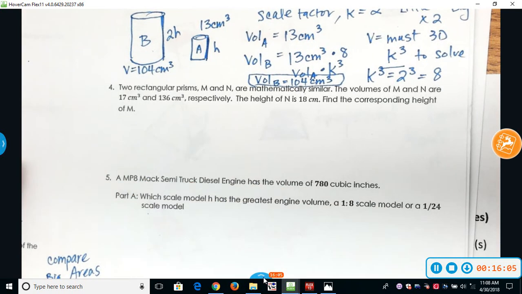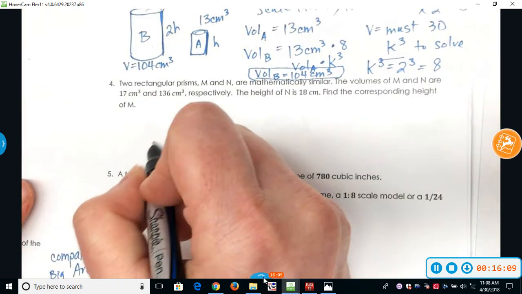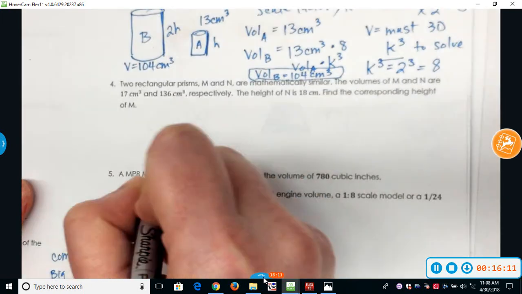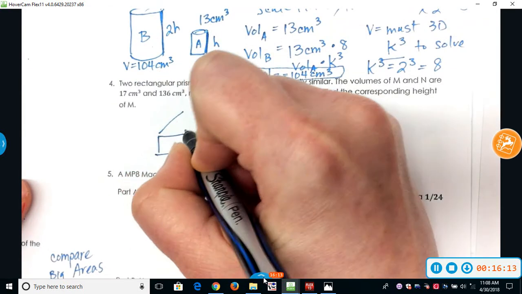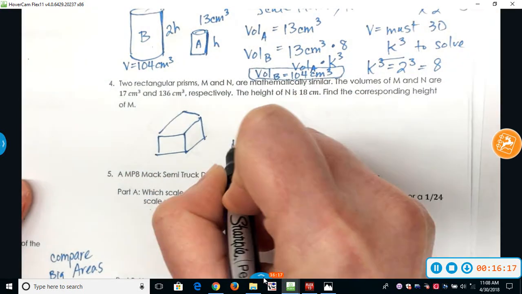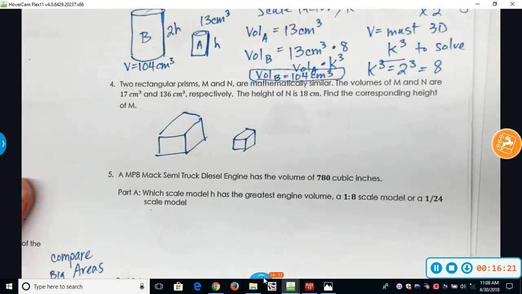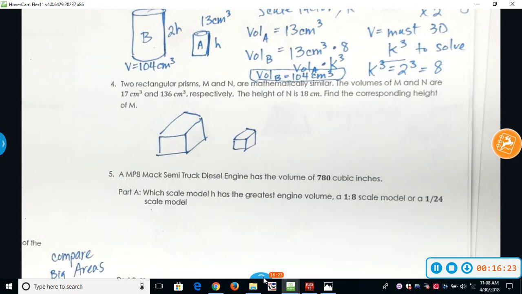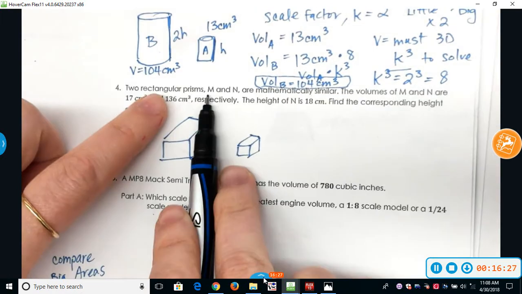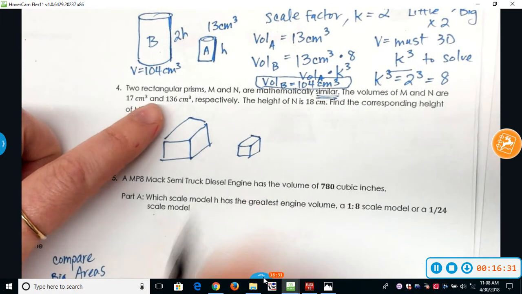All right, let's look at 4. 4 is similar, but this time instead of having cylinders, we have 2 prisms. Make a little tiny one. Pretend these are exactly the same, like the Rubik's cubes. Let's figure out which one's the big and which one's the little. M and N are mathematically similar. All right.